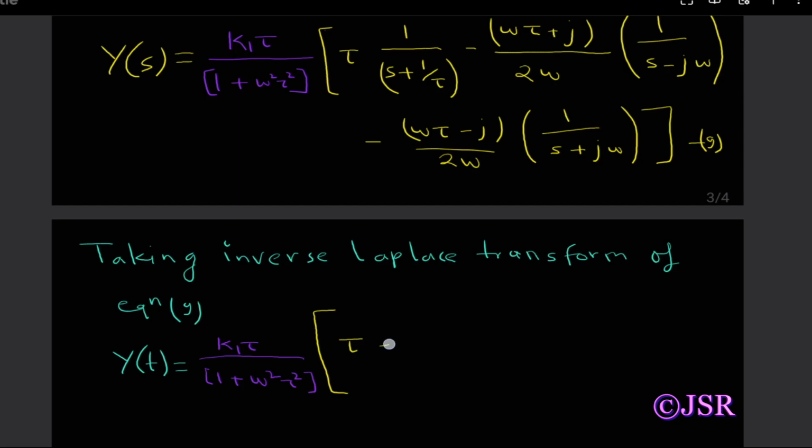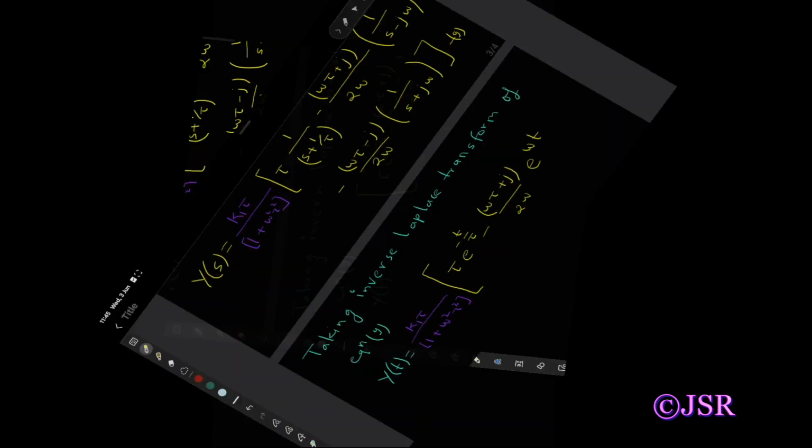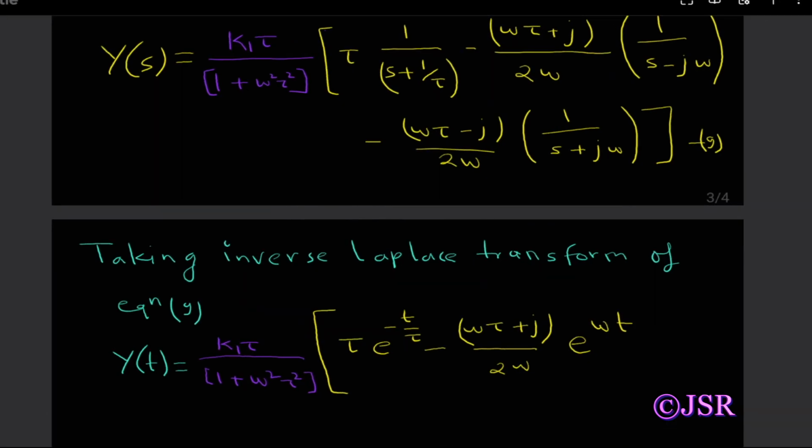The inverse Laplace of the first term will become tau, the exponential term, e to the power minus t upon tau. Then we have minus omega tau plus j upon 2 omega e to the power minus j omega t.